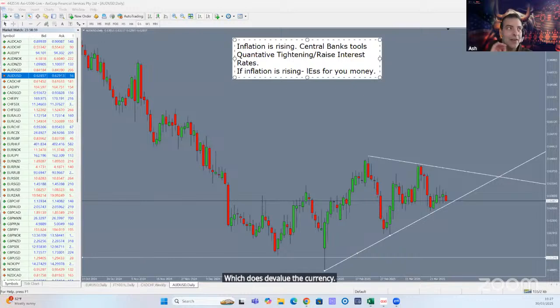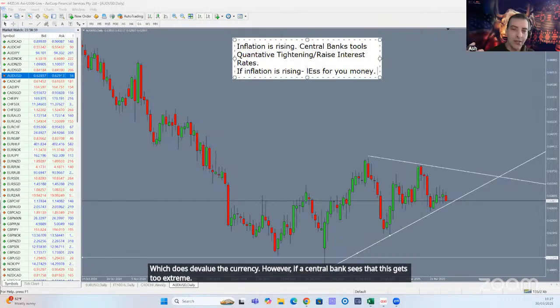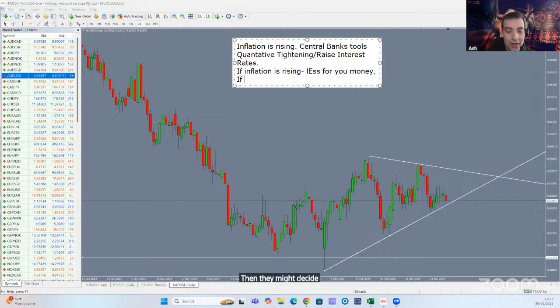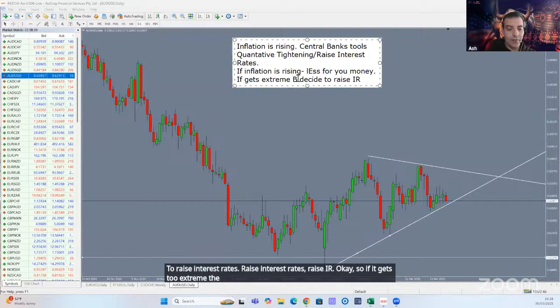However, if a central bank sees that this gets too extreme, then central banks may decide to raise interest rates. If it gets too extreme, the Fed, in this case, the central bank might decide to raise interest rates.